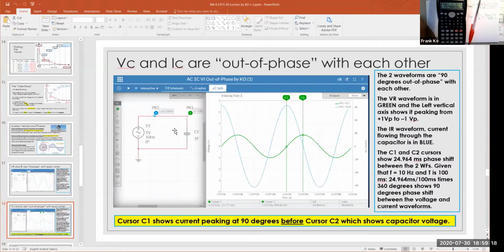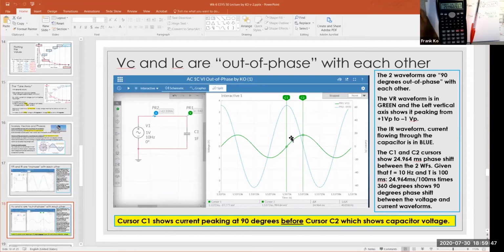I have an AC source, and I put in a capacitor. Notice that the ammeter is placed here at the top of the circuit, the voltmeter is placed over here, and ground is here. We can see that the current phasor, which is blue, is not peaking at the same time that the voltage is peaking. They are clearly out of phase with each other in this drawing.